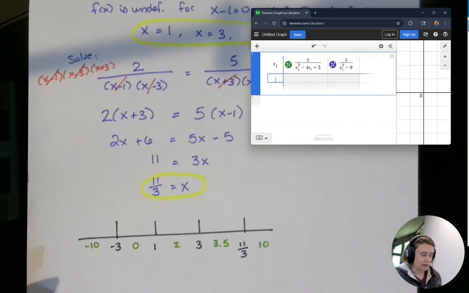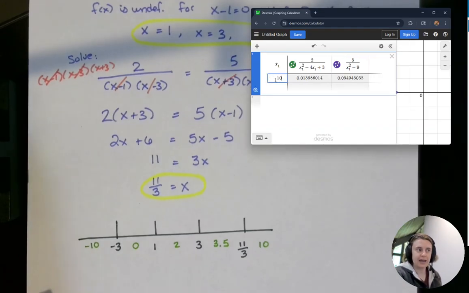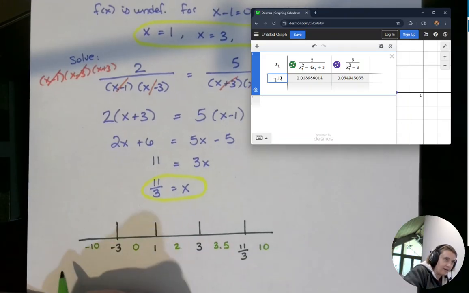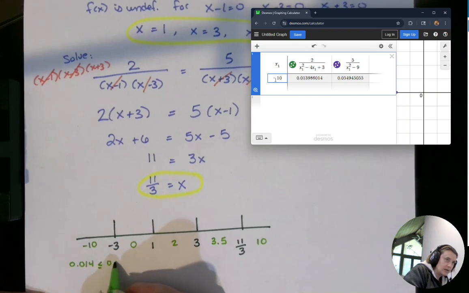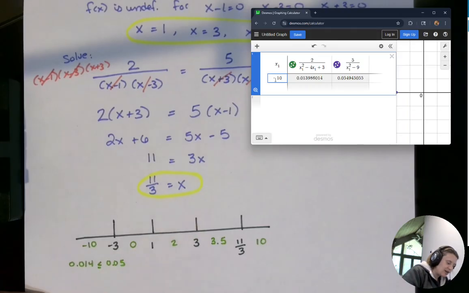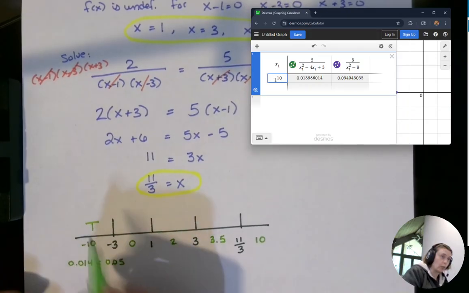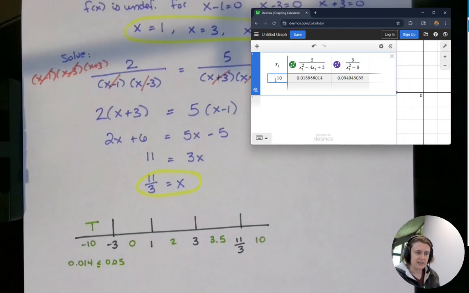Okay, so on the first one, let's plug in our negative 10. When I plug in negative 10, I have 0.014. Is that less than or equal to 0.05? That seems to be true. The right-hand side is the bigger in these two values.